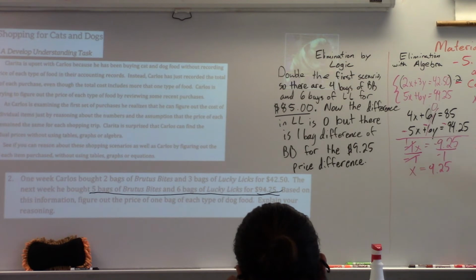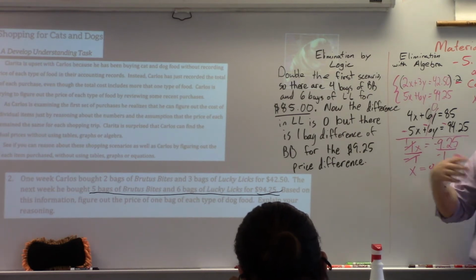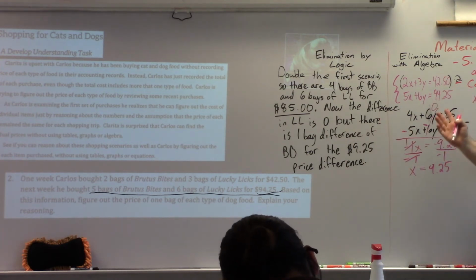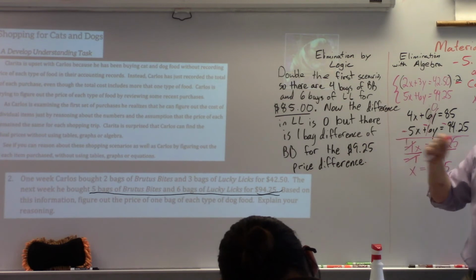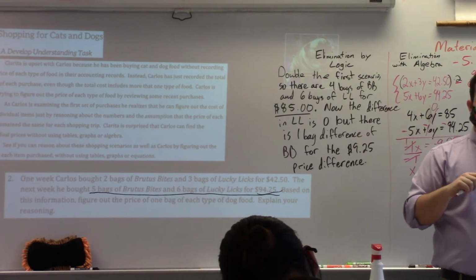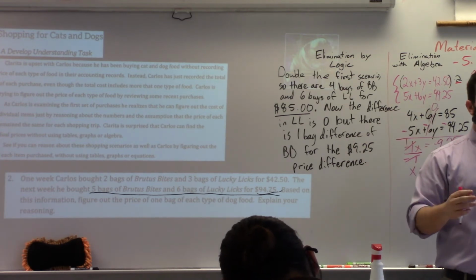Just do it. Okay, now one thing, and Mr. Lipman and I have been talking about this and we want to get a little bit better about this. What's the more mathematical term for plug in? Substitute. There we go, substitute, right? So the idea is that we're going to substitute. Now that's more of an algebraic idea. If it's $9.25 per bag of Brutus bites, how much money was spent on Brutus bites?